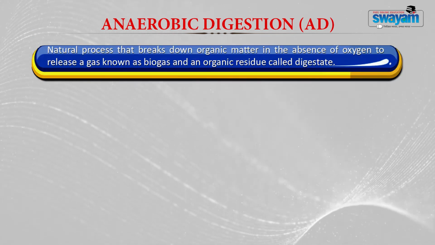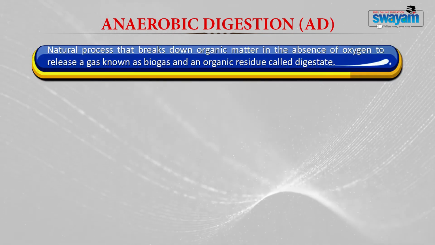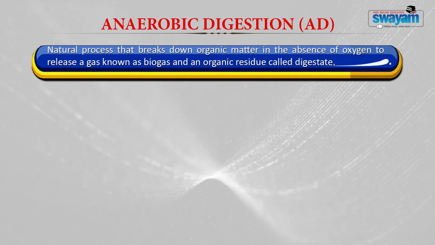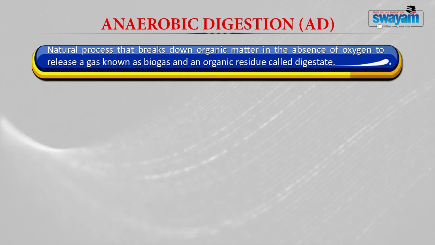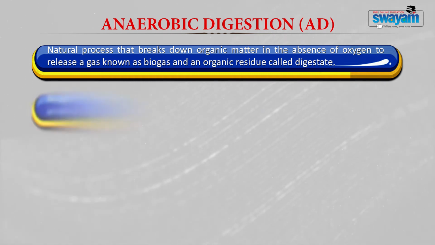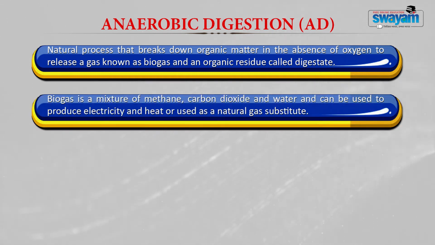Again, it is a natural process which breaks down the organic matter in the absence of oxygen and releases gases like biogas, and leaves an organic residue called digestate. Biogas, as you all know, is a mixture of methane, carbon dioxide and water. The major fraction is methane gas followed by carbon dioxide. Almost 60% methane is produced and 30 to 35% carbon dioxide.